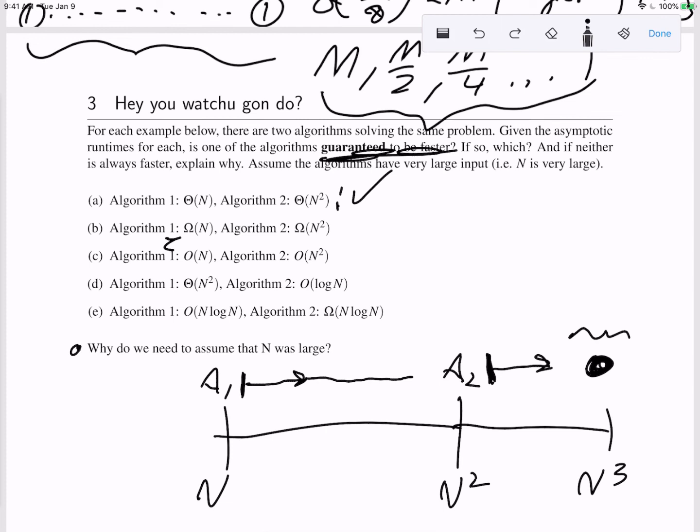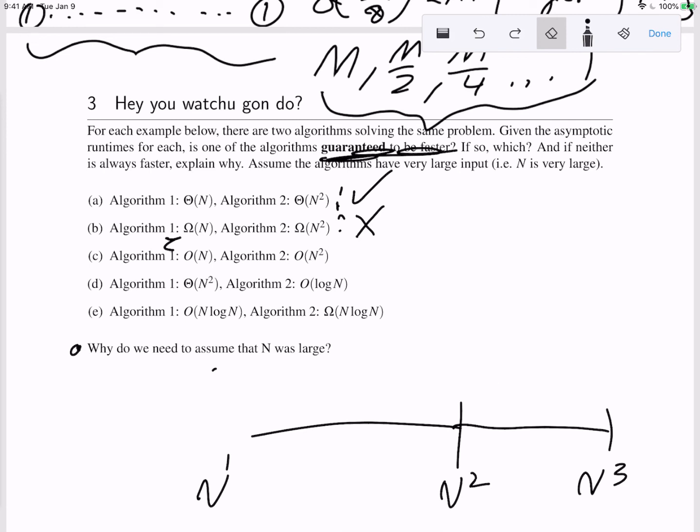And so in this case, the answer is no. It's not guaranteed that algorithm 1 is faster than algorithm 2. Okay, let's do the same thing for the next problem. And that's how you should think of omega and O bounds. They're bounding you on this asymptotic number line.